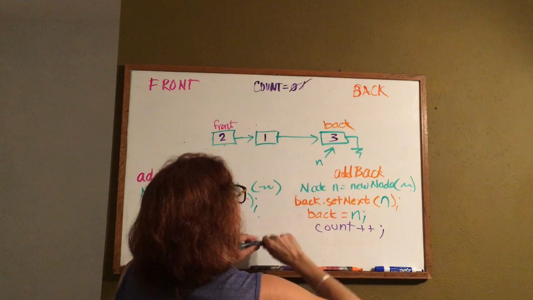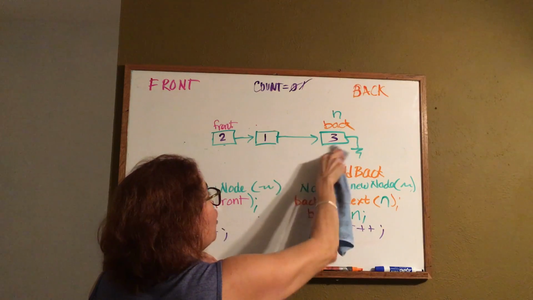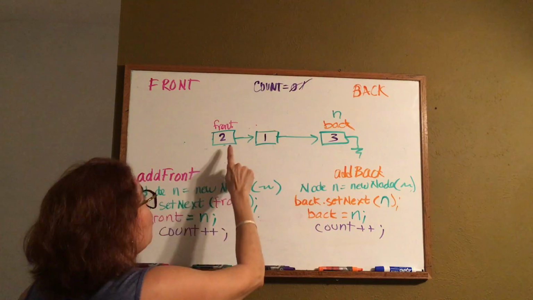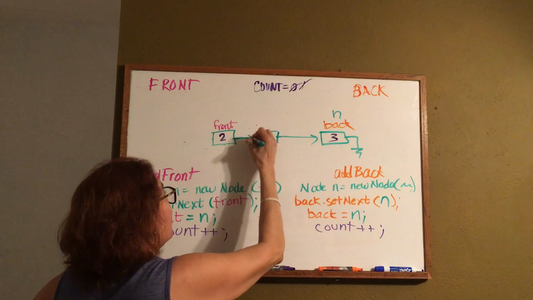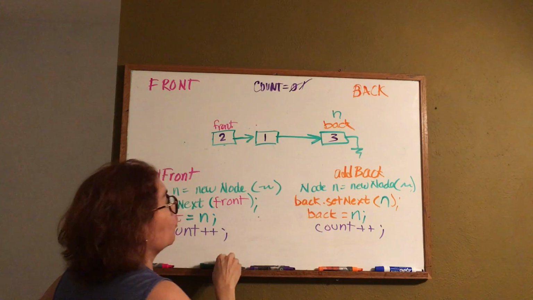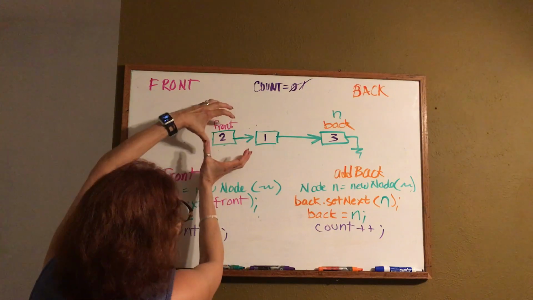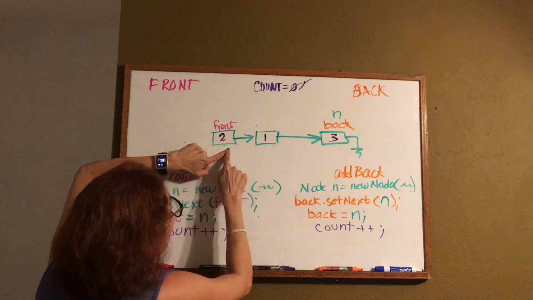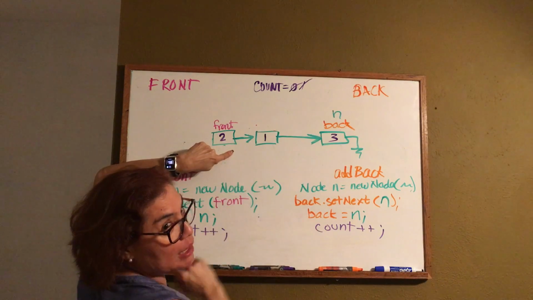along with n. Sometimes I like to do it like that, just to put it on top, so that I can leave those arrows only as a next kind of thing. If you do that, which I am going to do from now on, then you know that front is referencing this whole node, but front.getNext is actually referencing this node that has no name.